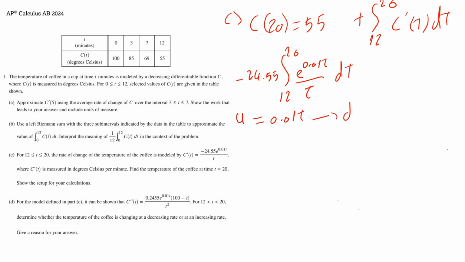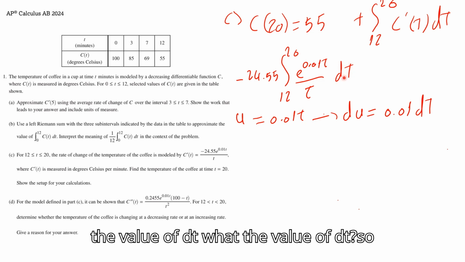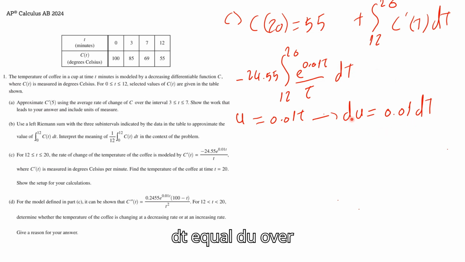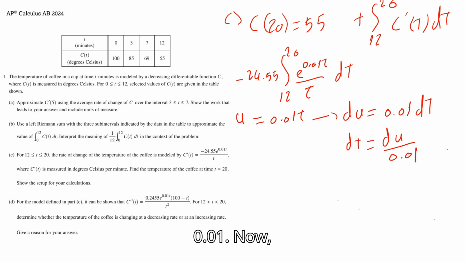So du, the derivative of u, equals 0.01 dt. What is the value of dt? So dt equals du over 0.01.